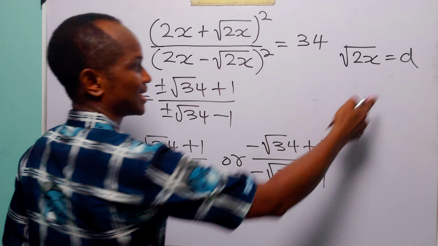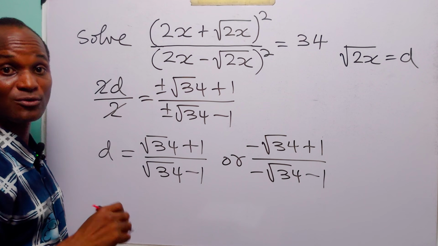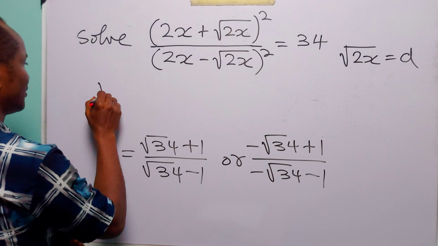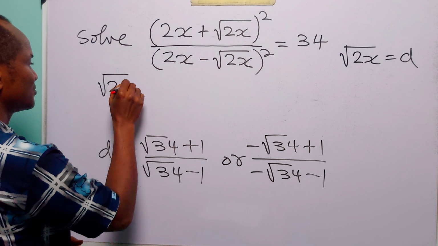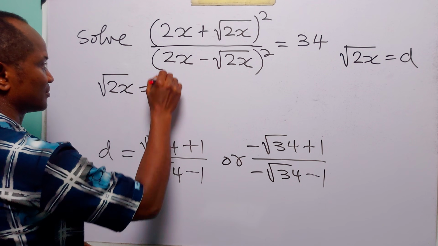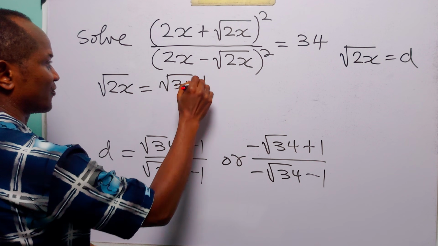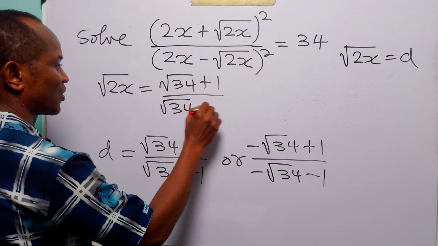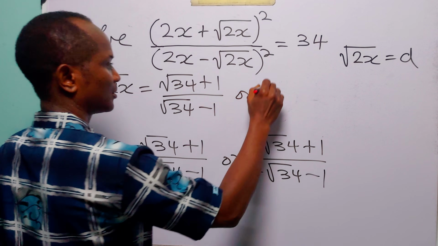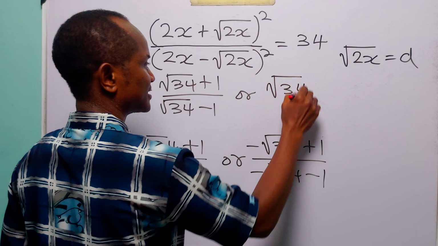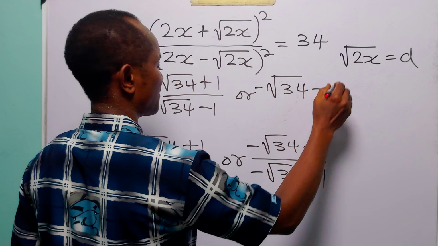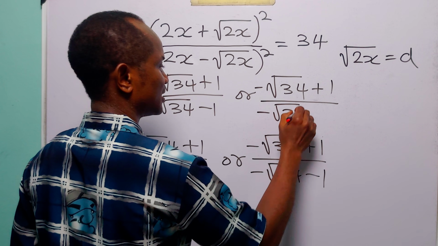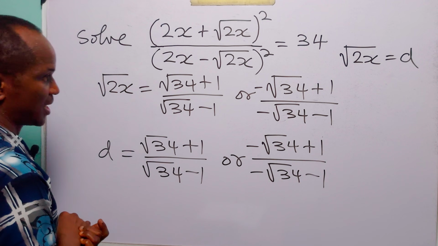Remember that d is equal to the square root of 2x. So that simply means that root 2x is equal to root 34 plus 1 over root 34 minus 1, or minus root 34 plus 1 over minus root 34 minus 1.